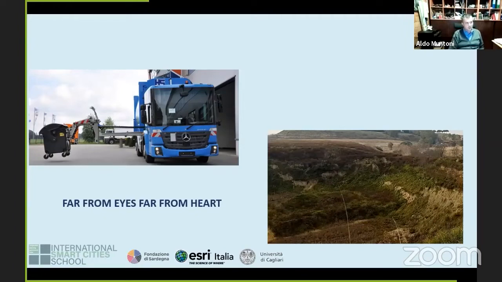So this is typical. A typical example in Sardinia is the big landfill in Sardiana. The landfill is closer to Donori than to Sardiana. So this is a typical choice. We don't want to deal with waste.